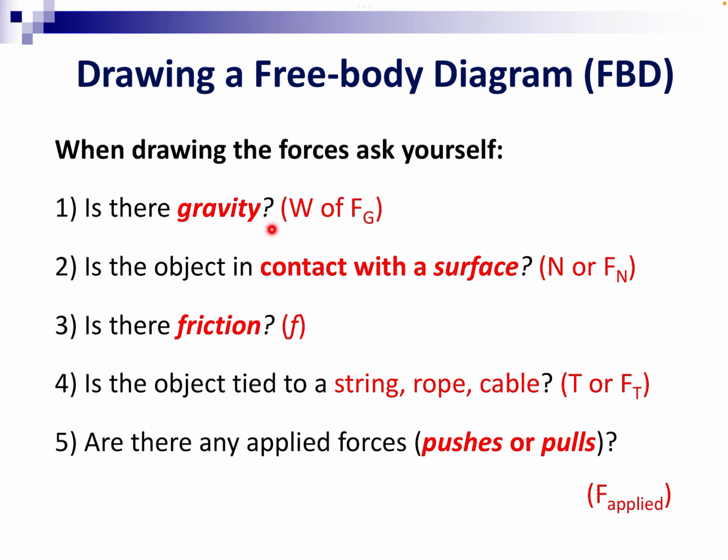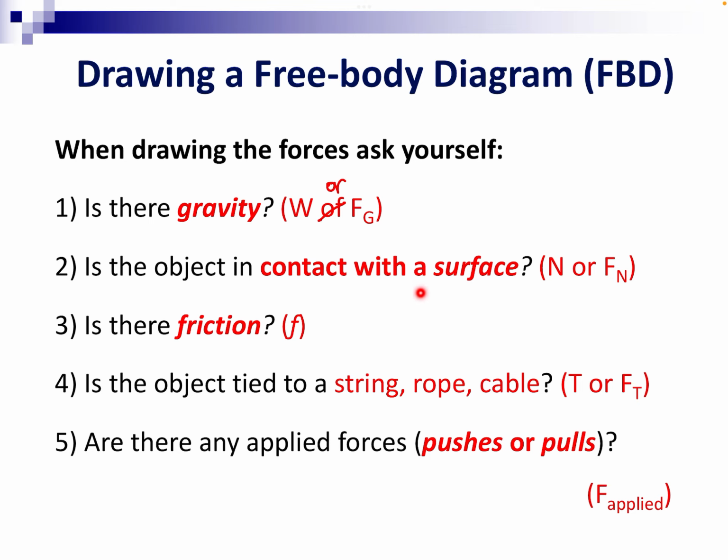It will also be useful to ask yourself the following questions. Is there gravity? Is the object located in a position where gravity pulls on that object? If the answer is yes, then you should draw a weight force or gravitational force. Is the object in contact with a surface, and is that surface supporting this object?